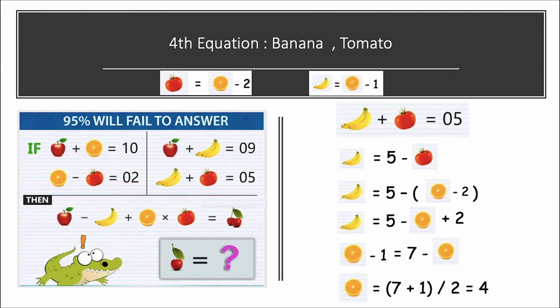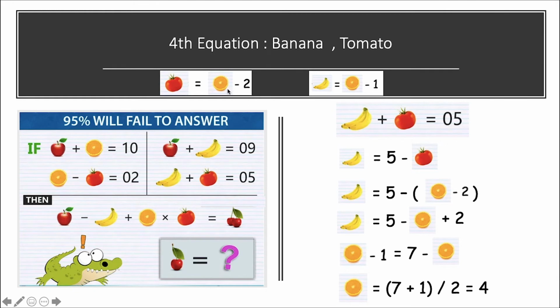Now jumping on to our fourth equation. In the fourth equation we have 3 bananas and 1 tomato whose sum is equal to 5. Now we have already solved our second and third equations and found out the values of tomato and banana in terms of orange. So if I put those equations here, I can easily have the value of orange. Putting the values here, 3 bananas is equal to 5 minus tomato.